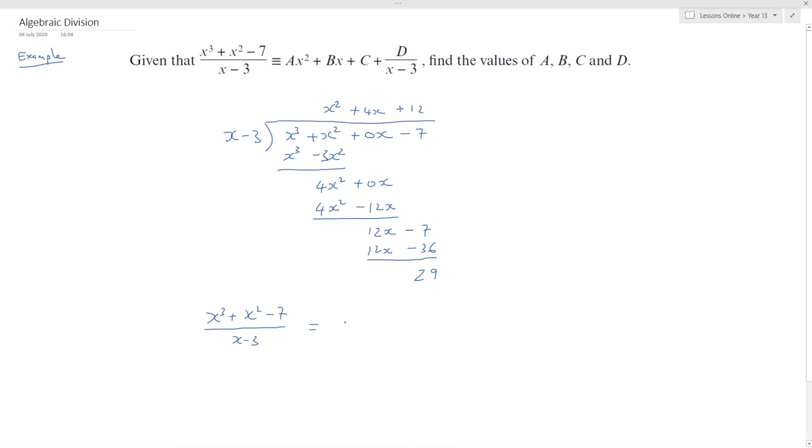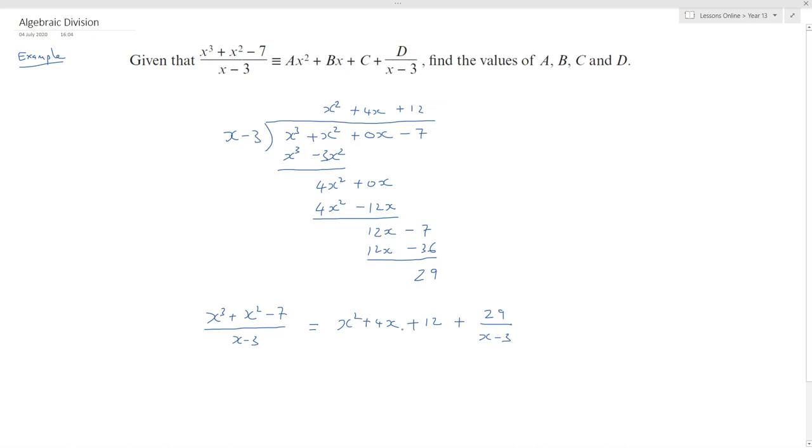That's equal to x squared plus 4x plus 12, plus, now this is the remainder. Now the remainder goes over the divisor, so that's going to be plus 29 over x minus 3.